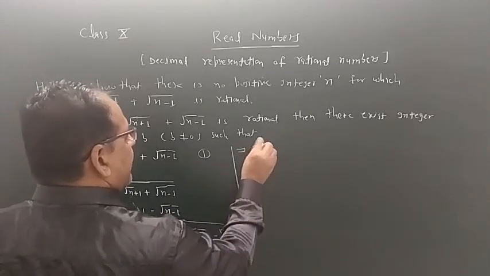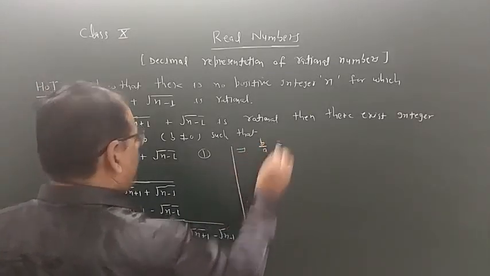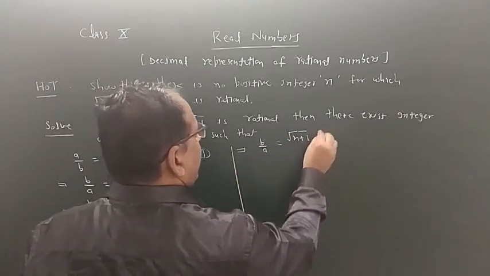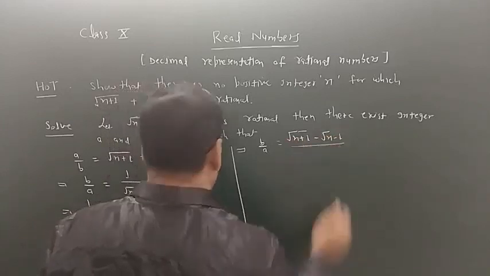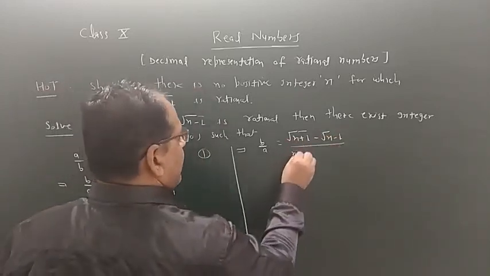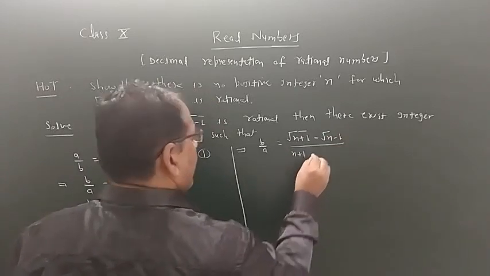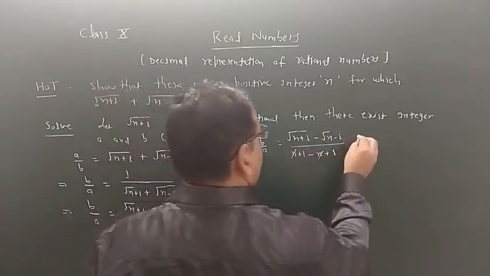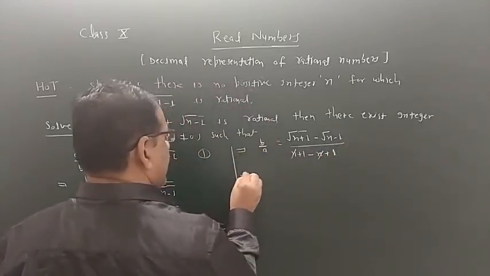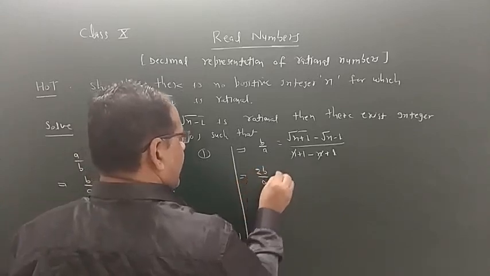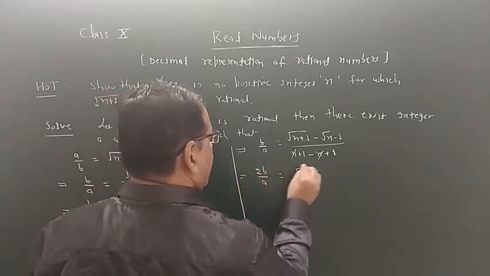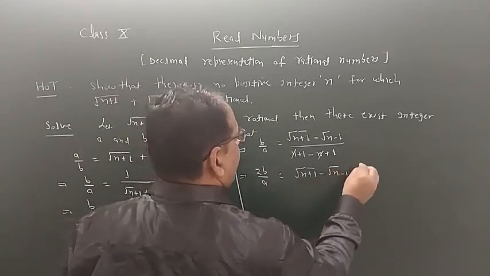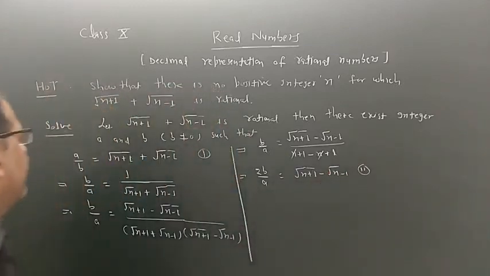This is equation number 1. The next step becomes b upon a equals (under root n plus 1 minus under root n minus 1) upon (n plus 1 minus n plus 1). This becomes 2b upon a equals under root n plus 1 minus under root n minus 1. This is equation number 2.